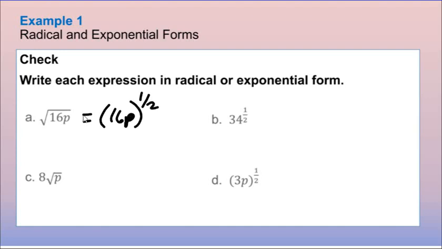Letter B would be the square root of 34. C would be 8 times p to the 1/2 power, no parentheses around 8p, because the p is the radicand, so only the p should have the exponent. And the last one, square root of 3p.